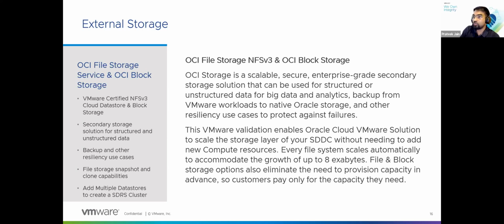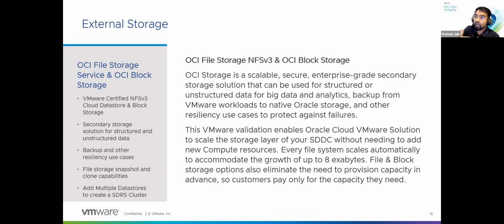So let's say you have provisioned a 100 terabyte data store, but you're using 50. You would only be billed for the 50 terabytes that you're using. This option is also good for customers who have a 3-node cluster running dense IO shapes, very storage heavy applications.